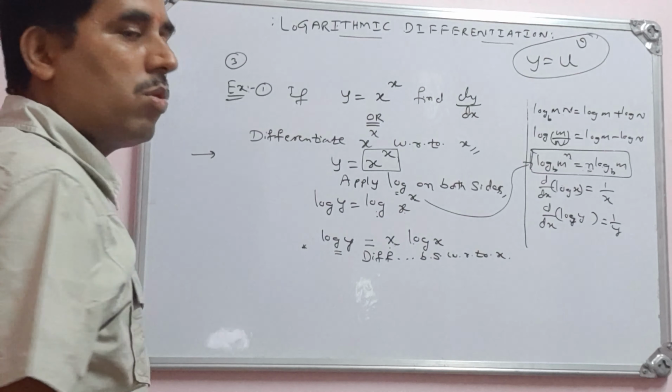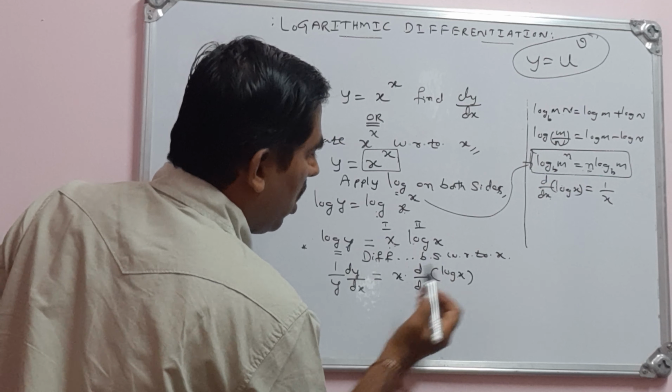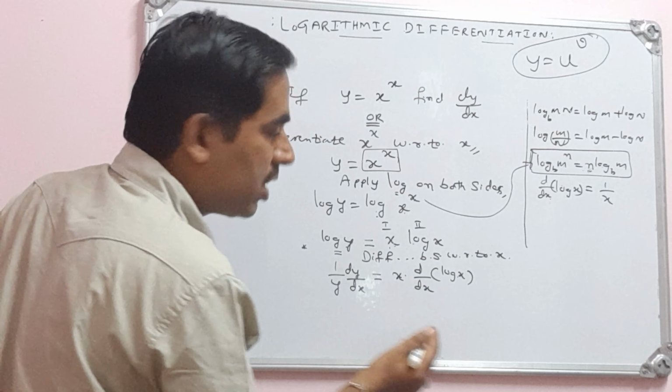On the right hand side, I have two functions. Let me call them the first function and the second function. We know the product rule. I will write the first function, that is x, into the derivative of the second function. What is the second function? Log x. I have not differentiated it yet; I will write it in the next step.